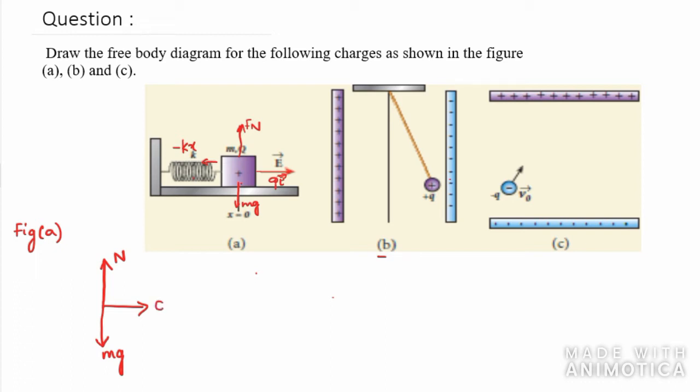And again it is connected to a spring in the negative direction, and the spring force is given by minus kx. So this is the free body diagram for this figure A.